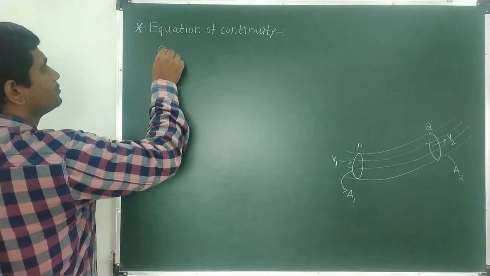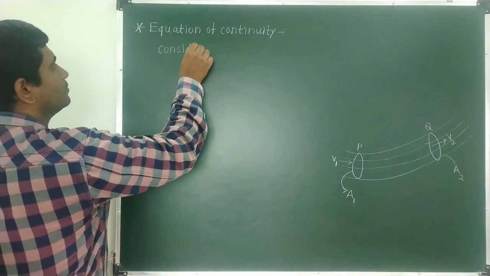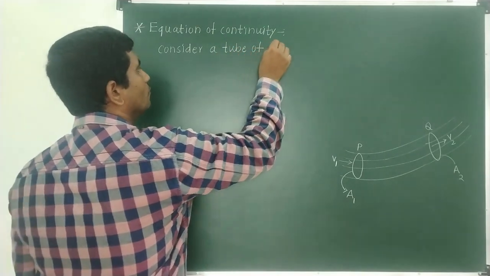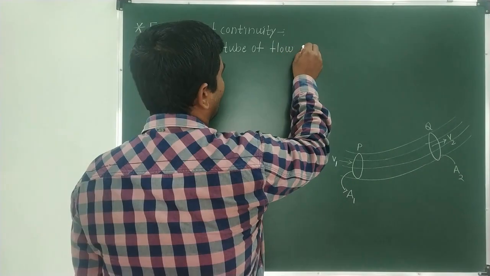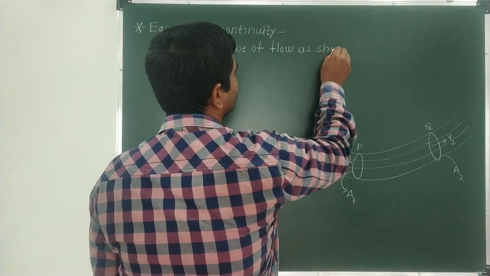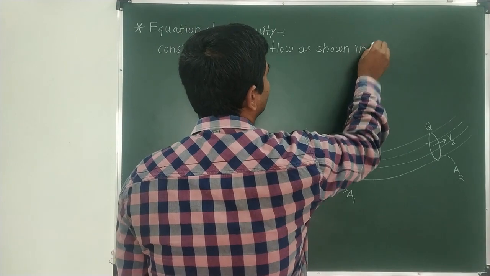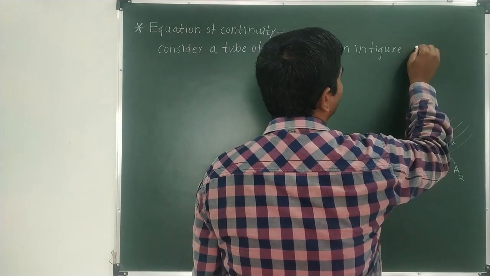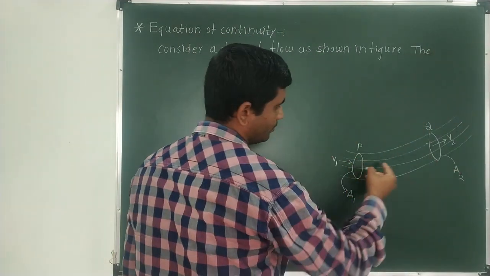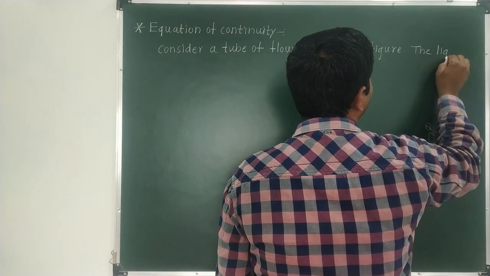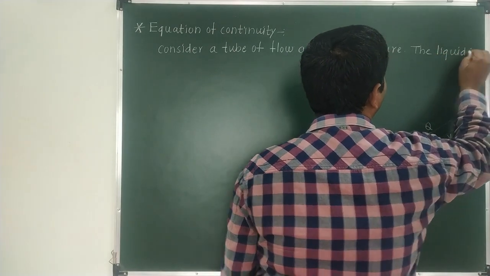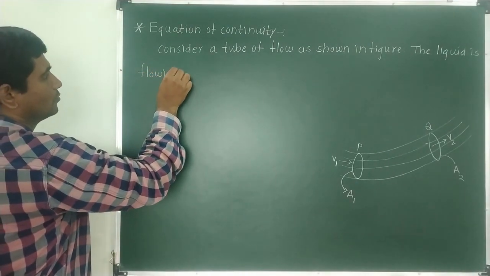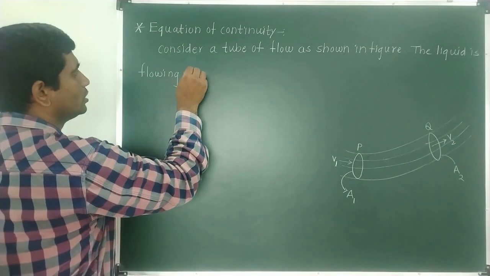So consider a tube of flow as shown in the figure, the liquid is flowing through the tube.